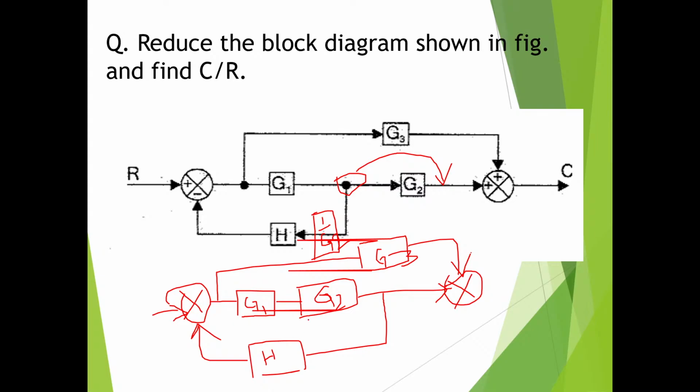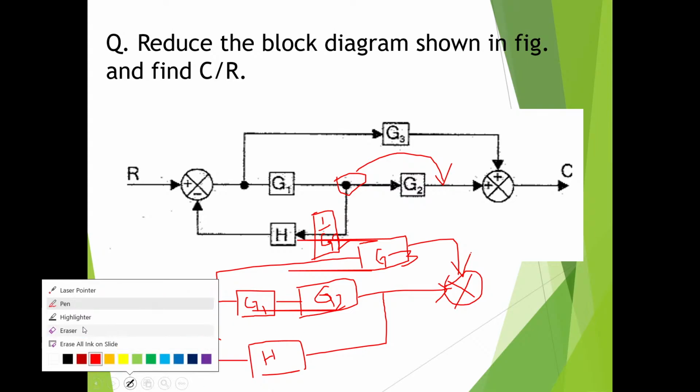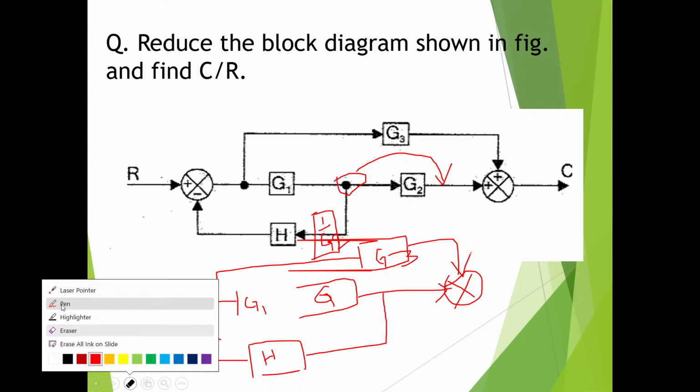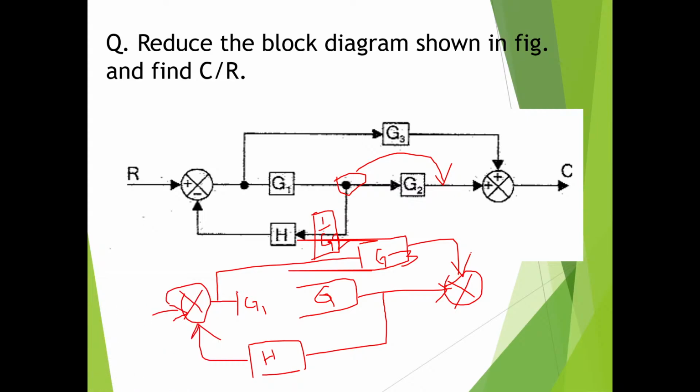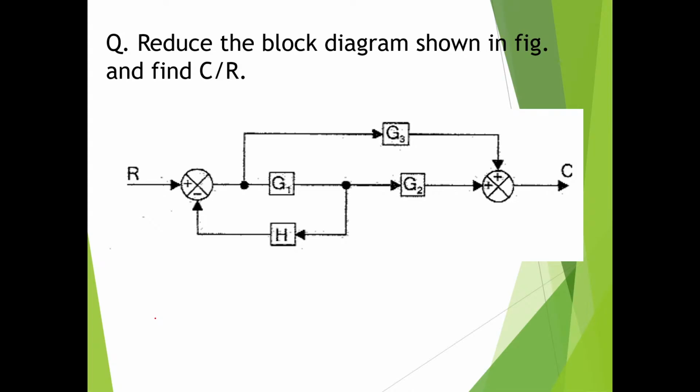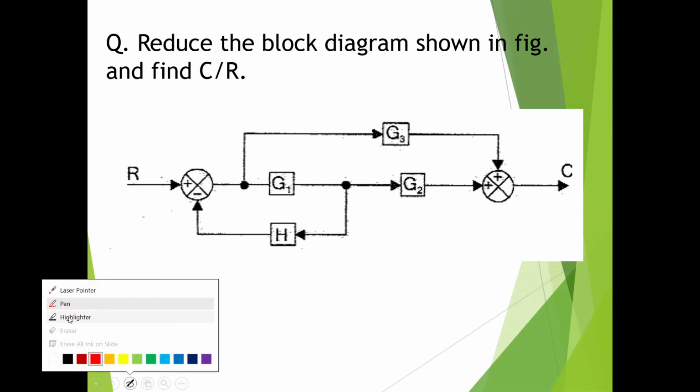Now G1, G2 are in cascade. So what you can do, you can replace G1, G2 with a single block. First of all, I started with some concept, but my solution is in my PPT, and I have erased everything here.